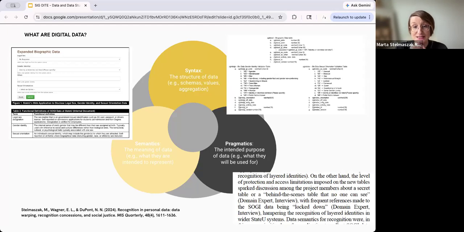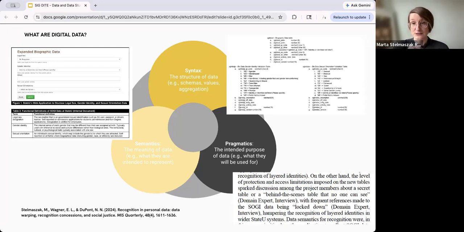It was created to allow individuals to represent themselves and feel they are represented. It was not created for any other use in the organization. They didn't want to run reports. They didn't want anyone to see this data. So the intended purpose of data, what they will be used for, is also an interesting aspect.